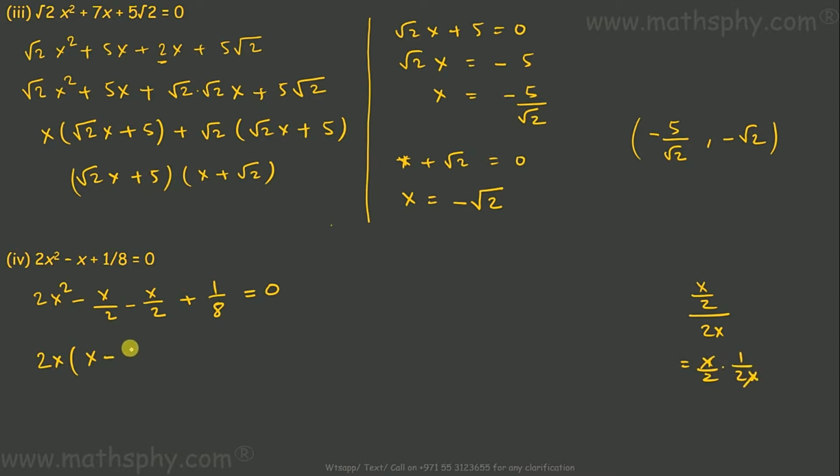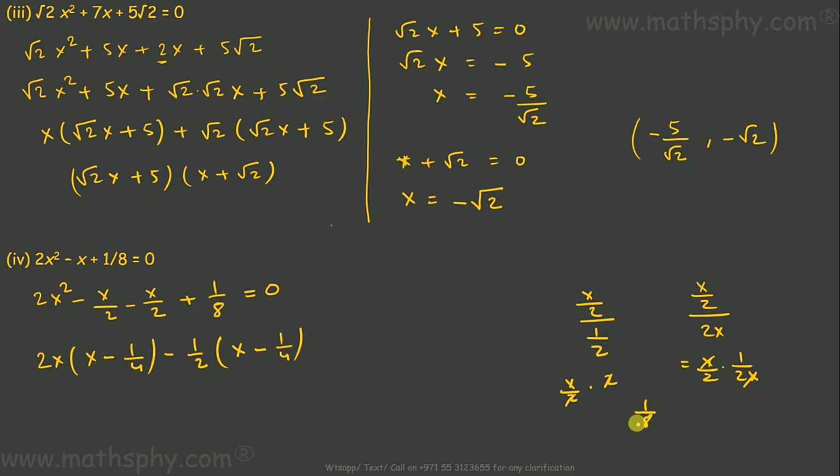This will be 1 over 4, minus, let's take 1 over 2 as common. So x over 2 divided by 1 over 2 gives you x over 2 into 2 to cancel, x. Minus 1 over 8 divided by 1 over 2 gives you 1 over 4.